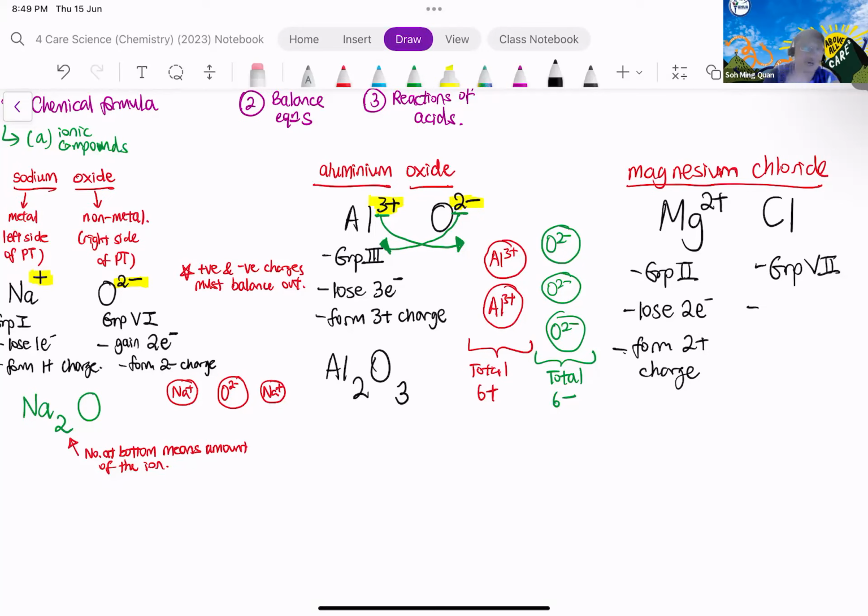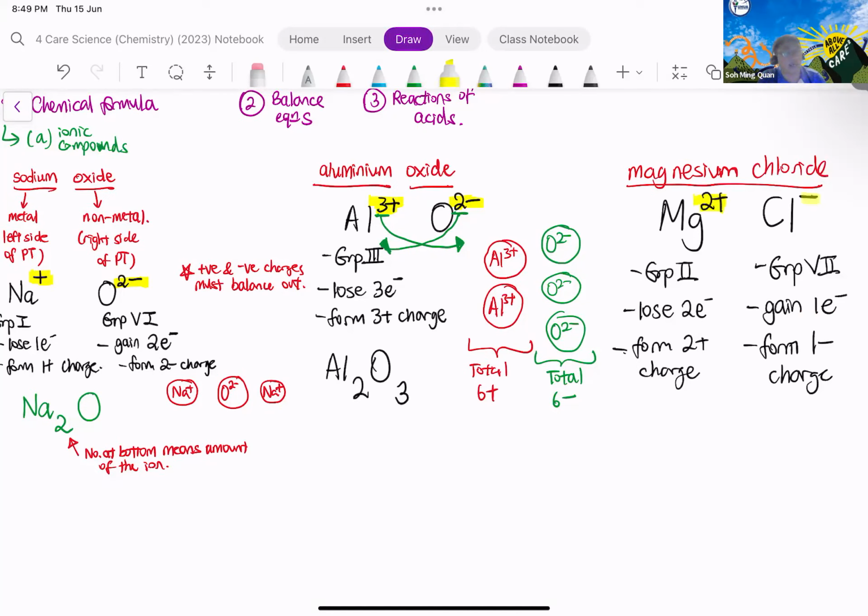Remember, the magic number is always it wants to achieve a fully filled outer shell, which is 8. How does it make 8 from 7? It is easier to gain 1 valence electron. So gain 1 electron, it forms a 1- charge. Usually we leave the 1 out, so we just write Cl-. So the chloride ion is Cl-.